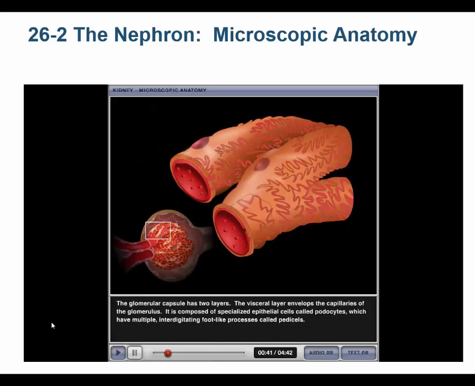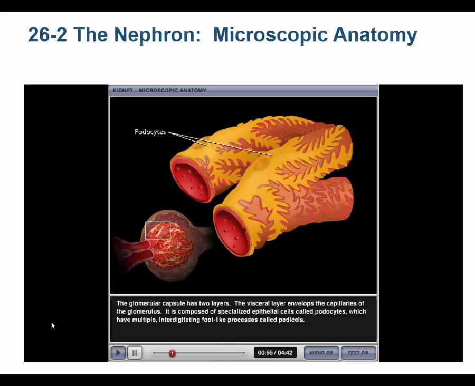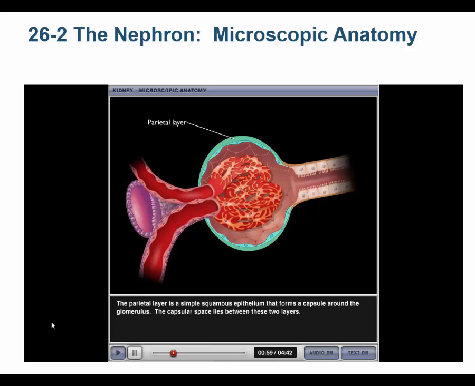The glomerular capsule has two layers. The visceral layer envelops the capillaries of the glomerulus. It is composed of specialized epithelial cells called podocytes, which have multiple interdigitating foot-like processes called pedicels. The parietal layer is a simple squamous epithelium that forms a capsule around the glomerulus.